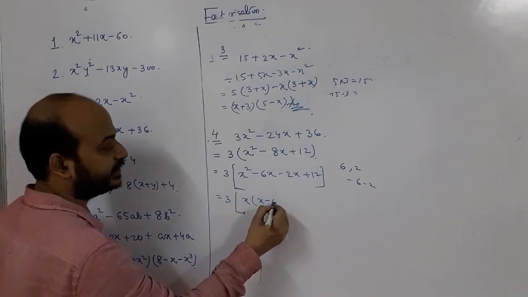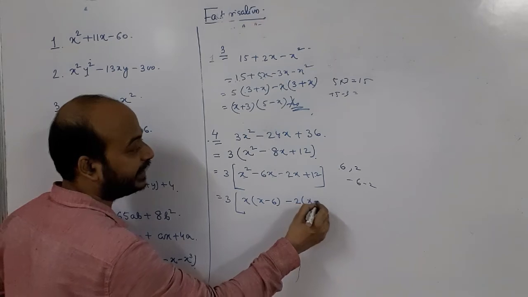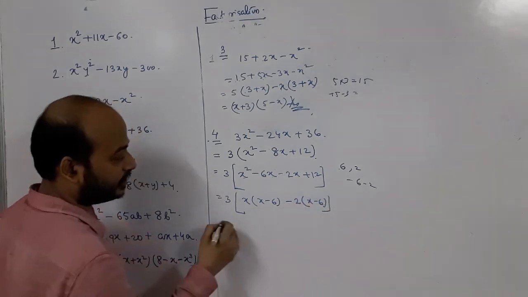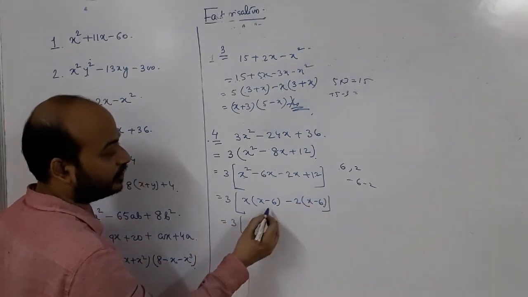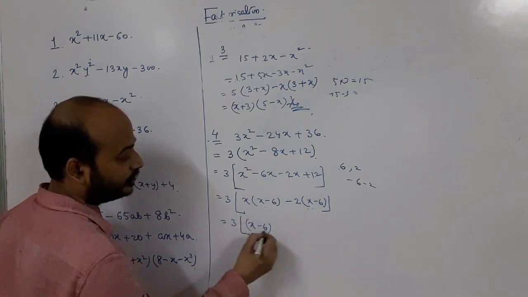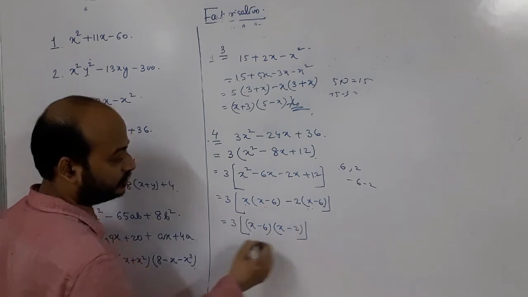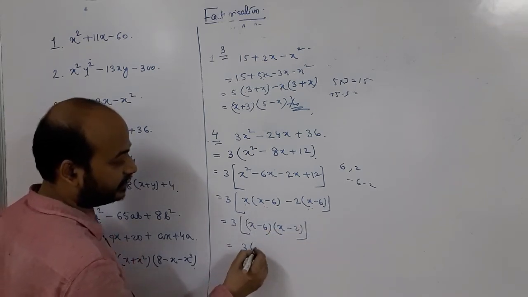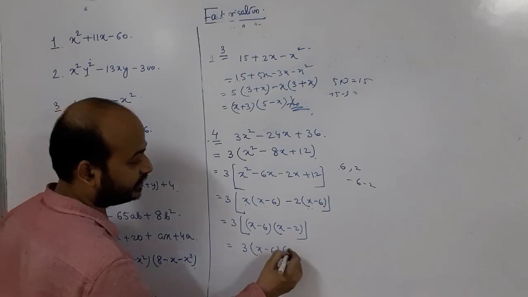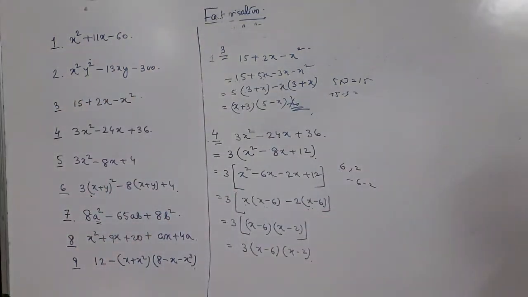I get x minus 6, minus, again I can take 2 common, x minus 6. Now out of this I can take x minus 6 common. What is left? Left is x and minus 2. So finally my answer is 3 into x minus 6 and x minus 2. So that is my final answer. Understand?